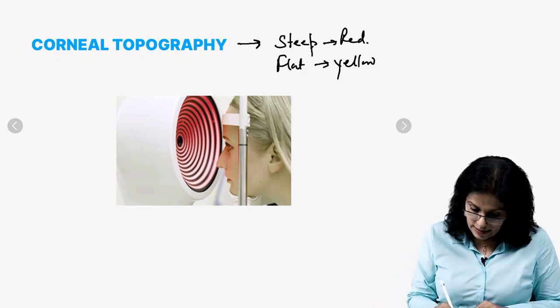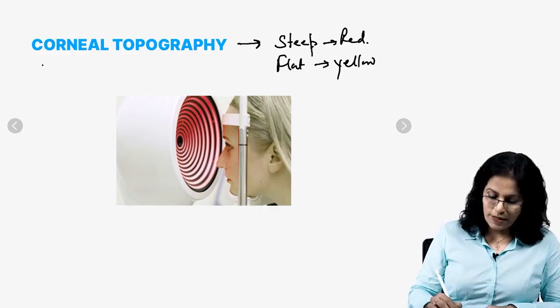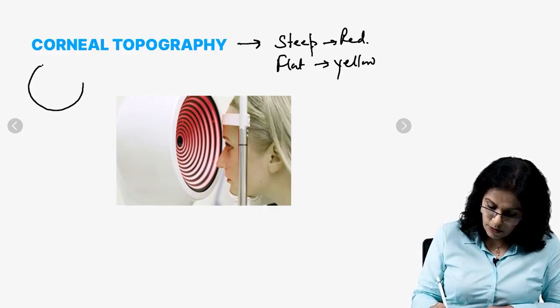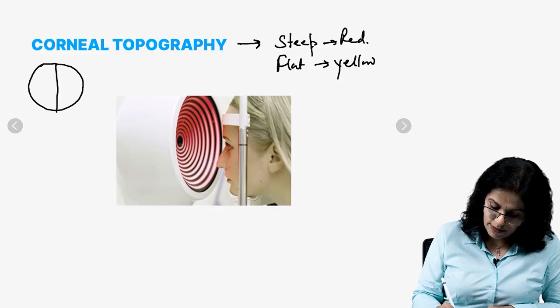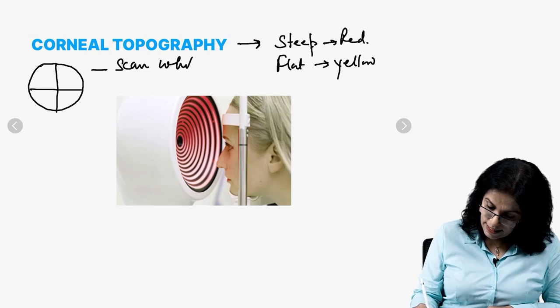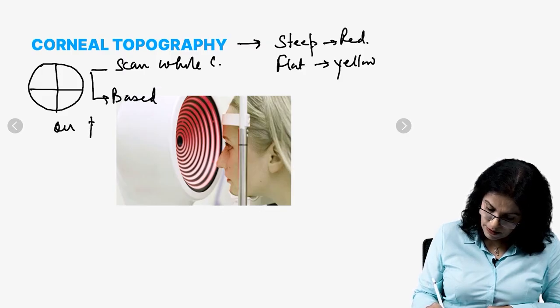Okay. So, how is it different from keratometry? This is scanning the whole cornea, not only the central, it will scan the whole cornea. And secondly, it is based on the principle of Placido's disc. Principle of Placido's disc. If you want to write, you can write.